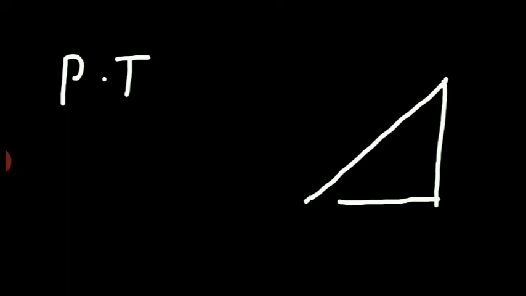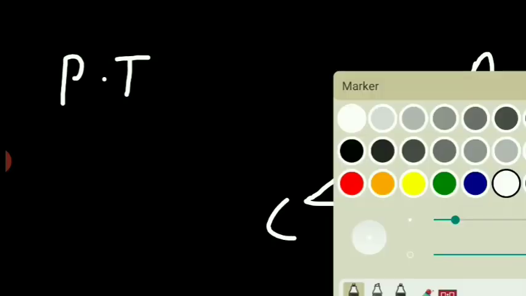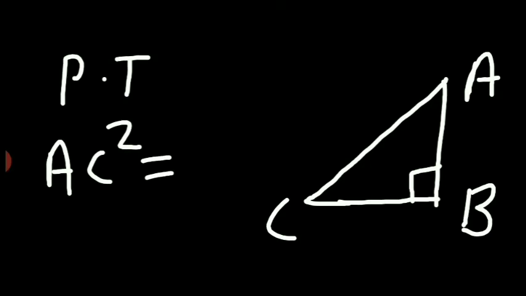Suppose it is a right angle triangle ABC, where angle B is the right angle. So in this triangle, on the basis of the Pythagoras theorem, AC square is equal to BC square plus AB square.